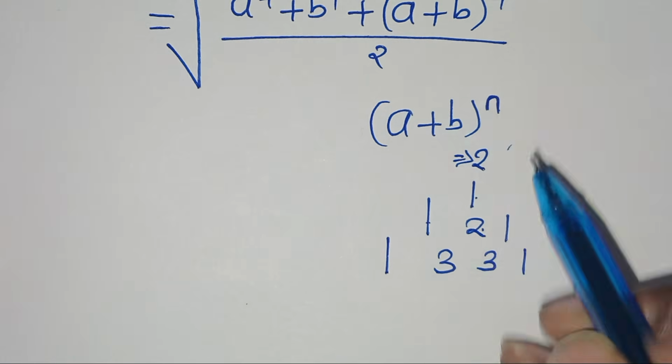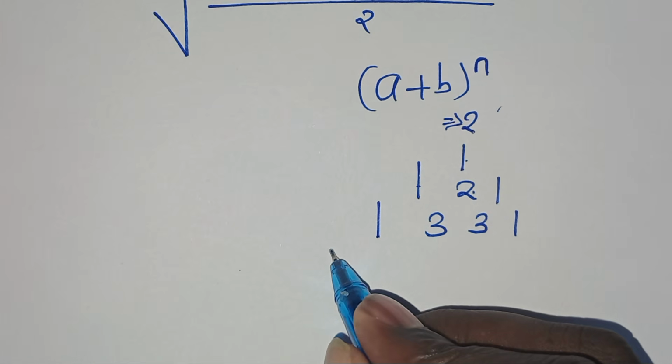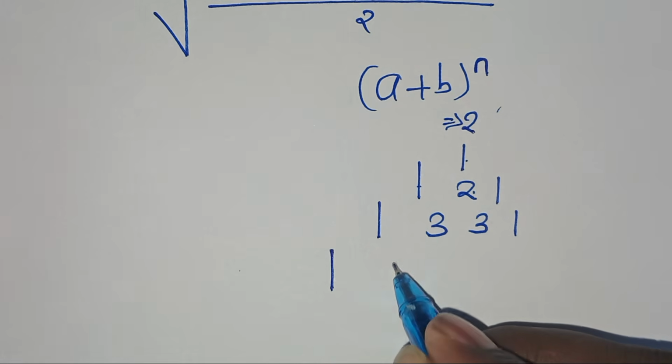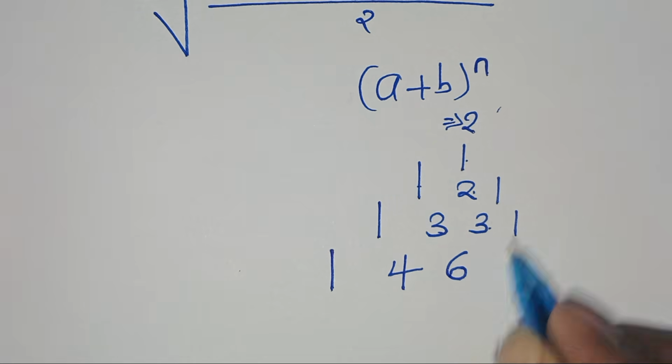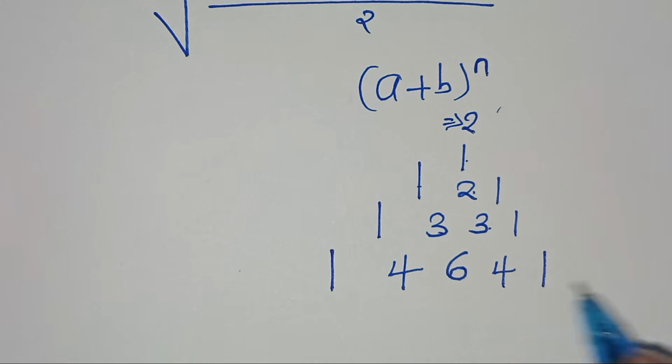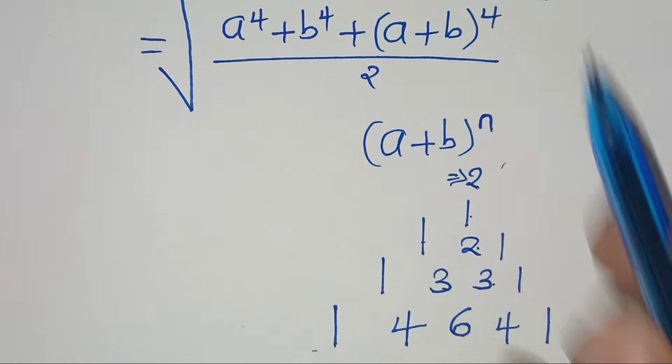If n is equal to 4, like what we have here, this means we have the coefficients 1, 1 plus 3, this is 4, 3 plus 3, this is 6, 3 plus 1, this is 4, then 1. So these are the coefficients when we have a plus b raised to the power of 4.